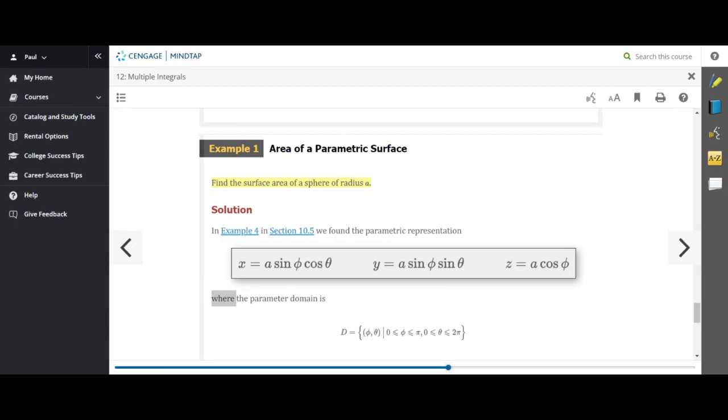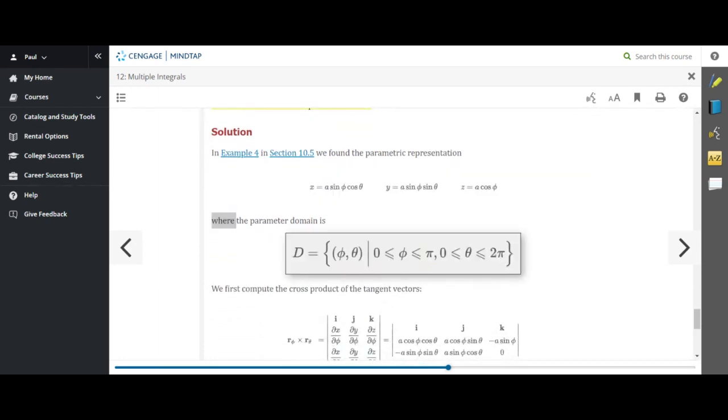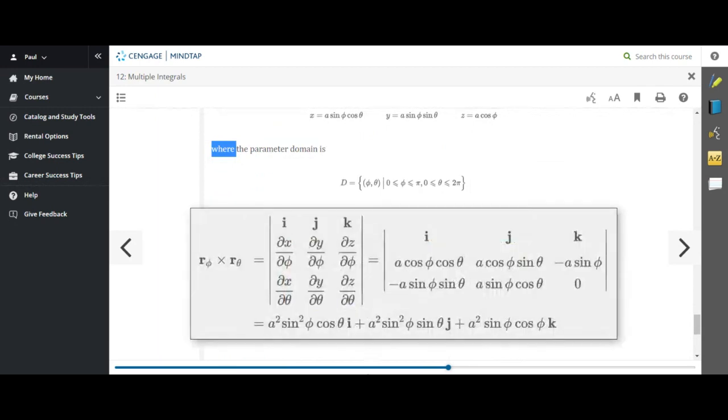Now we have the parameterization of the sphere, and all we have to do is apply the formula. First of all, we recognize that the domain for the sphere is phi from 0 to pi, and theta from 0 to 2 pi. That'll get us the entire sphere. And so now let's find the cross product of the two derivative vectors.